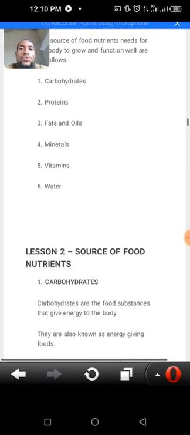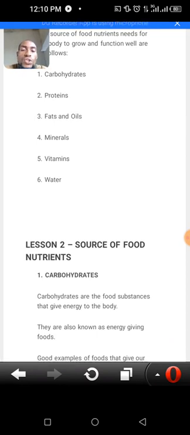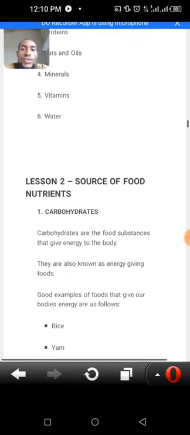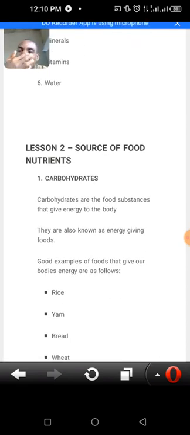So that is where we get the food nutrient from. So when we eat all these carbohydrates, protein, fat and oil, minerals, vitamins, and water, in the right way, in the right proportion, then our body system will function properly and be able to grow very well. Right?